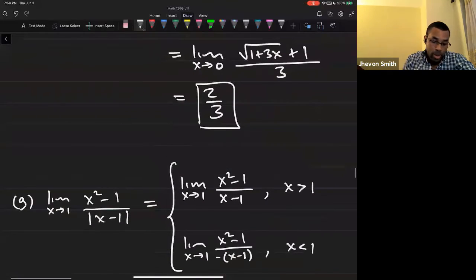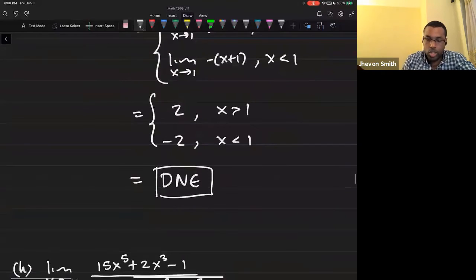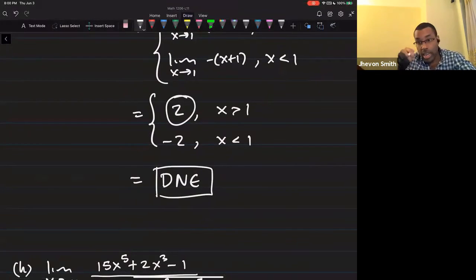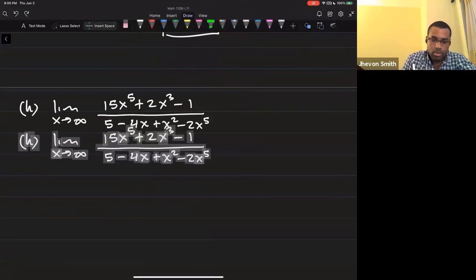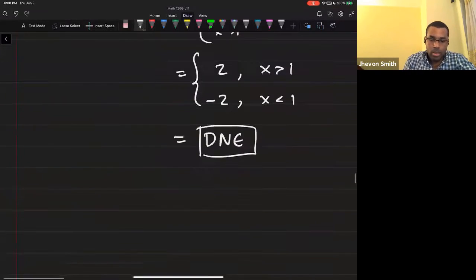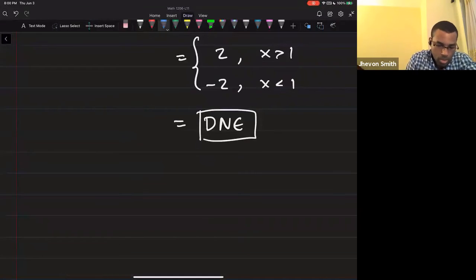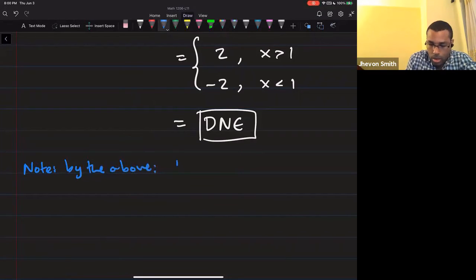If instead, for example, I had written a little plus sign here, then that would have given us 2 as the answer. Whereas if I wrote a little negative sign, it would give us minus 2 as the answer. Maybe I should write that down just as a side note. By the above, if I said I was approaching 1 from the right side of x squared minus 1 over the absolute value of x minus 1, the answer would be 2.